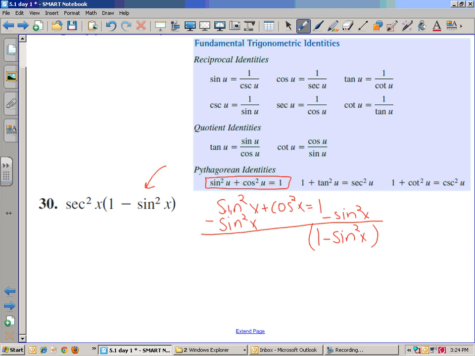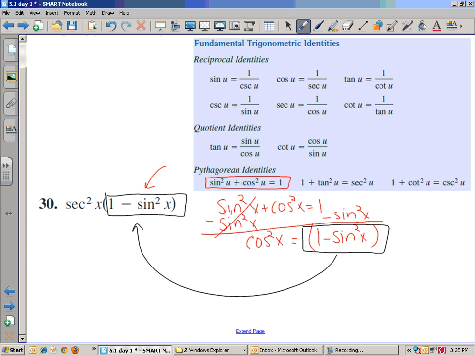And so on this side, the only thing I have left is cosine squared x. And on this side, I have 1 minus sine squared. So I'm going to rename 1 minus sine squared. It's right here. See this? I'm going to rename that, and I'm going to call it cosine squared x.